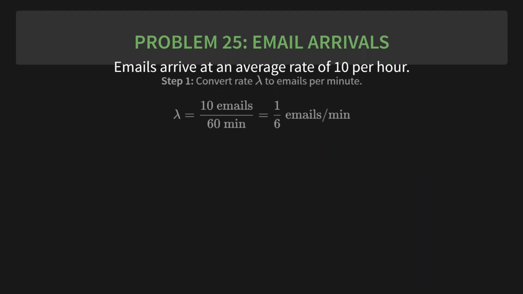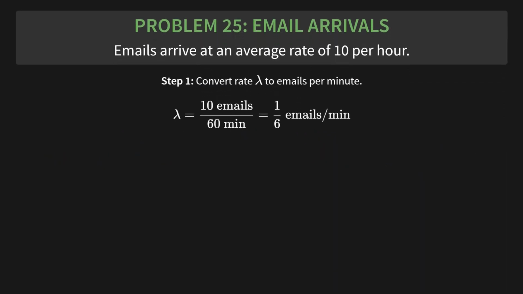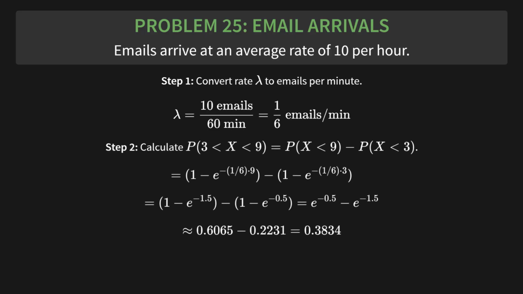Let's break it down. Step 1. We have to convert our rate, lambda, to emails per minute. The rate is 10 emails per 60 minutes, so lambda is 1/6 of an email per minute. Super important step. Step 2. We need to calculate P(3 < x < 9).